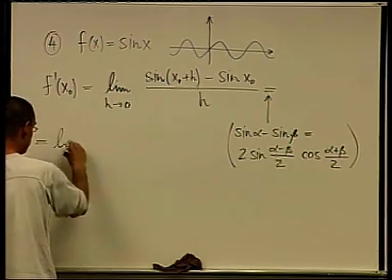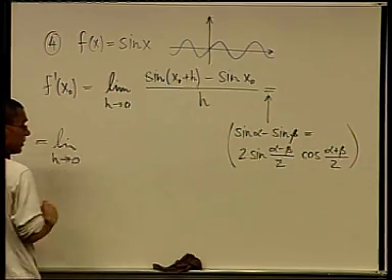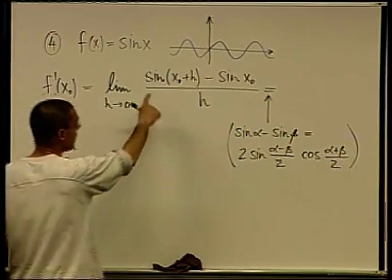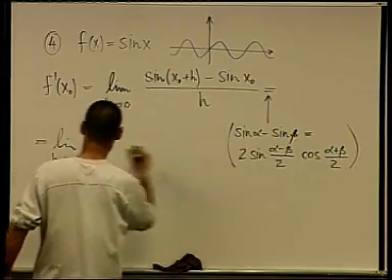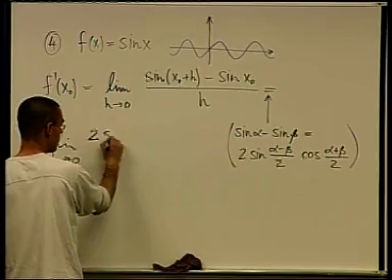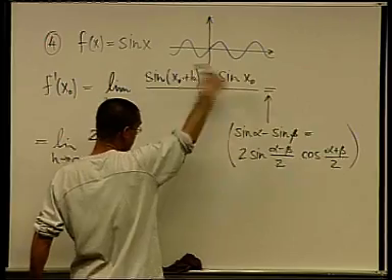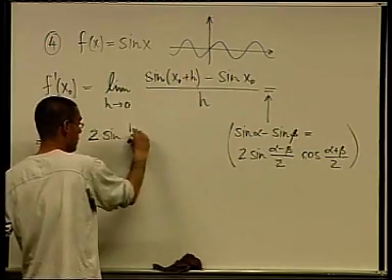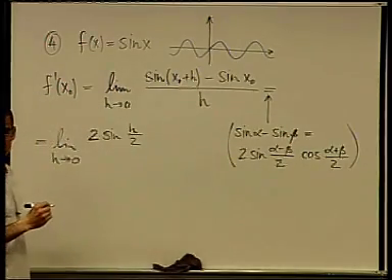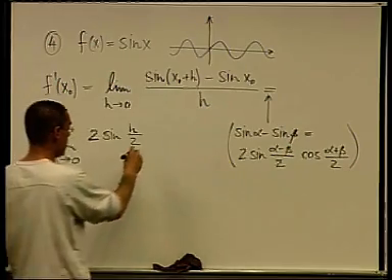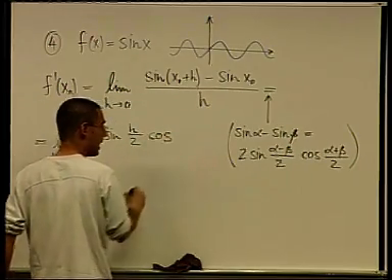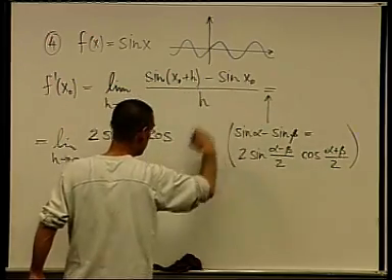So lim, h goes to 0, and what do we get here? Sine alpha minus sine beta, so we get 2 times sine of the difference divided by 2. The difference is just h divided by 2. Do you agree? And then multiply that by cosine of the sum divided by 2.